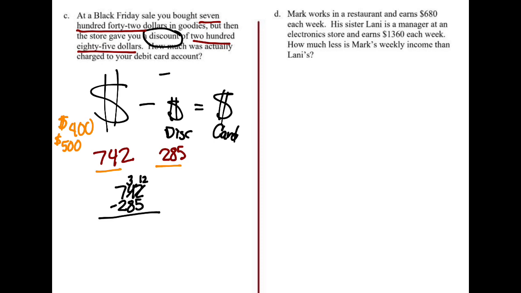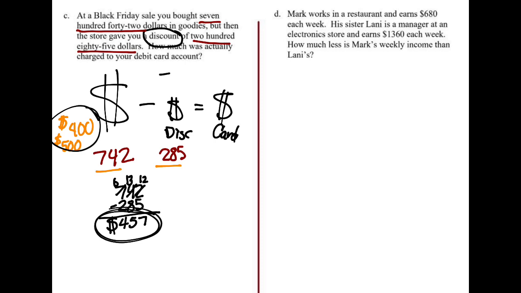The 2 is a 12, so 12 minus 5 is 7. Can't take 8 from 3, so we borrow again. 13 minus 8 is 5, and 6 minus 2 is 4. Okay, looking at our estimate, it's right in between them, so that's pretty good. Add the dollar sign because we need a label, and we're done.